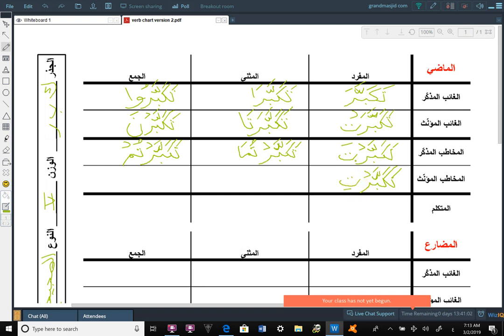Antuma takabbartuma. Antunna takabbartunna.